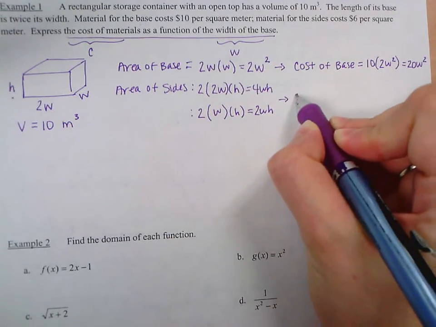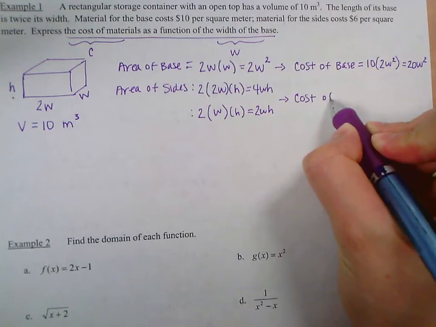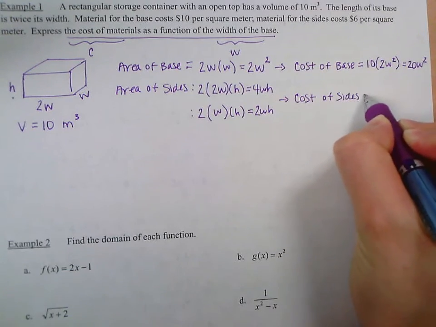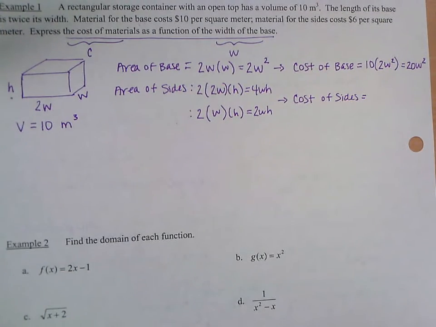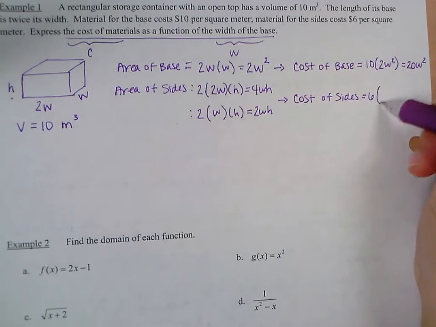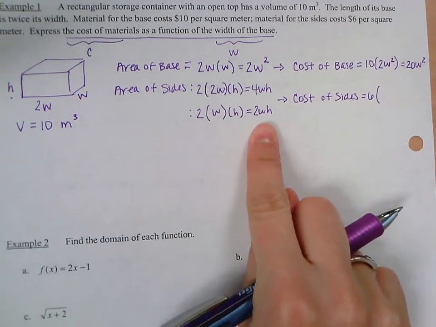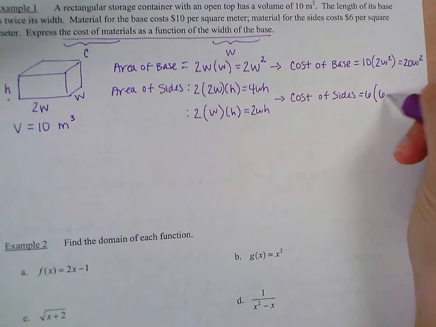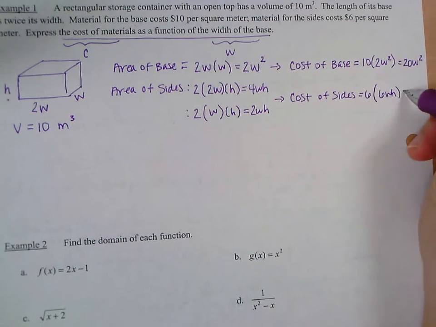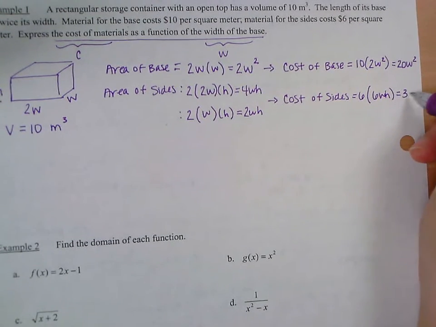All right, and then I'm going to put together the cost of the sides. And it did say in the problem, material for the sides costs $6 per square meter. So I would have $6 multiplied by, and I can combine these, 6WH. So the sides would cost 36WH.